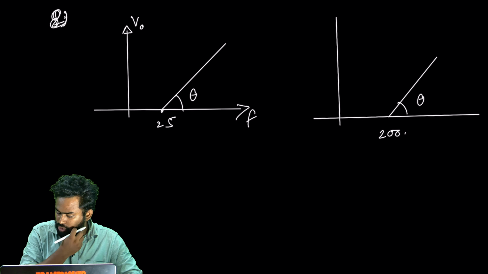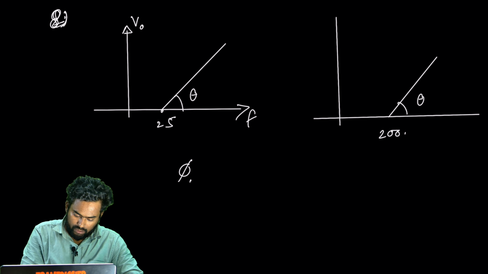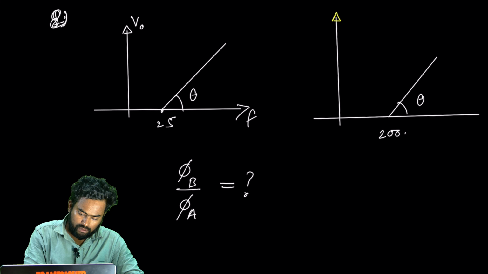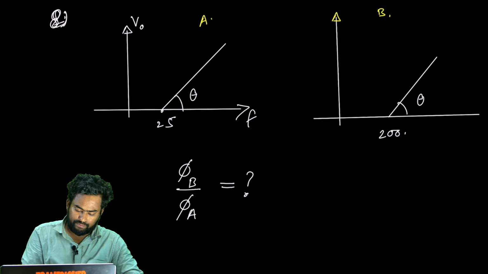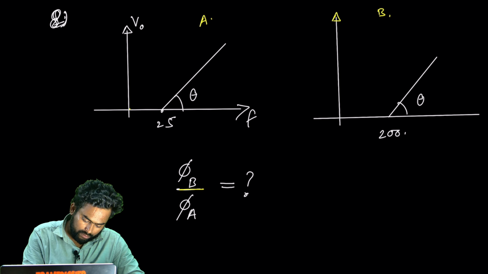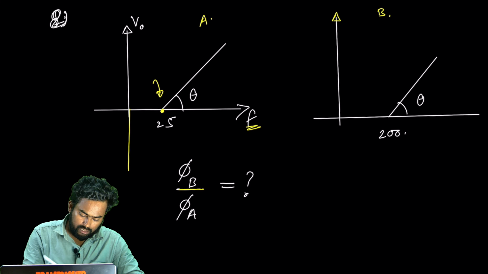They are asking the ratio of work function, phi B upon phi A, will be how much? This is our B graph and this is the A graph. So see here. At what frequency is the photoelectric effect starting? 25.